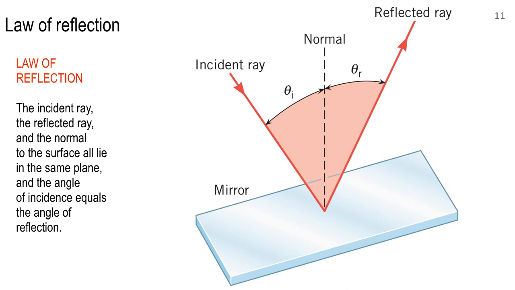But if we have a curved surface, like a spherical mirror, we can still use this law. If you measured the incident ray, instead of between the ray and the normal, if you went from the ray down to the surface, for a curved surface, where do you go? What do you consider to be the other side of the angle?